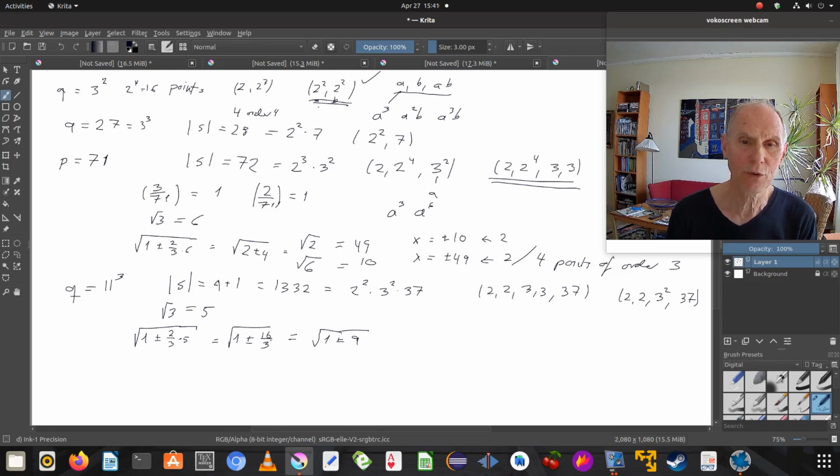Divided by 3, that's 2. So it's the same as plus minus 2. Of course, so it gives square root 3 or square root minus 1.